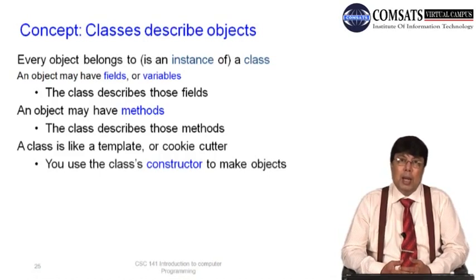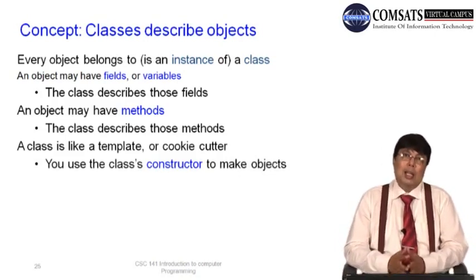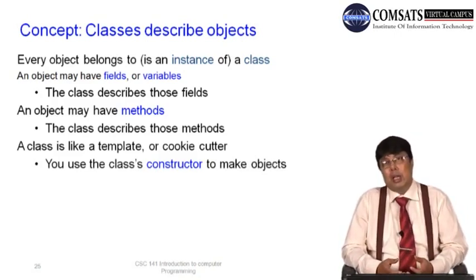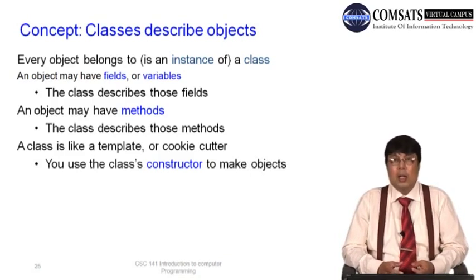An object may have a number of methods, or one method. In our example, eating was one method, hiding was another, and running was the third. So we can say that the class comprises those methods, meaning how to manipulate the attributes of the data defined in that particular object.